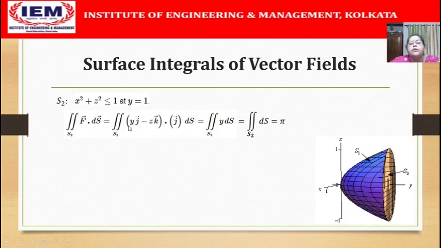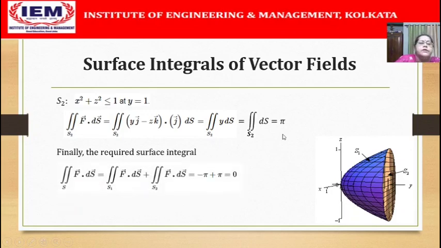As we evaluate this expression, it just gives us the double integral of y dS over S2. Again note that this circular disk is positioned at y equal to 1. So this reduces to just the double integral of dS over S2. And S2 being a circle of radius 1, the area is of course pi. So the value of this double integral is pi.